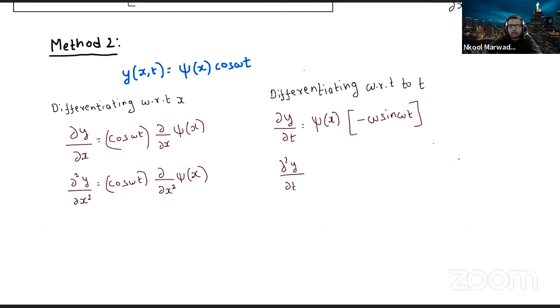When I differentiate it one more time, once again this psi x will remain as it is. Differentiation of sin omega t will be omega cos omega t. It will become minus omega square cos omega t.